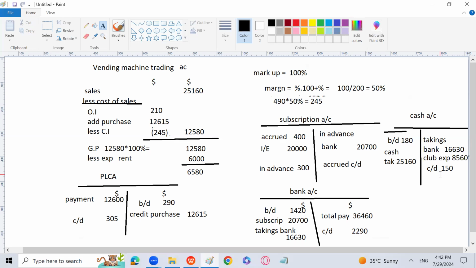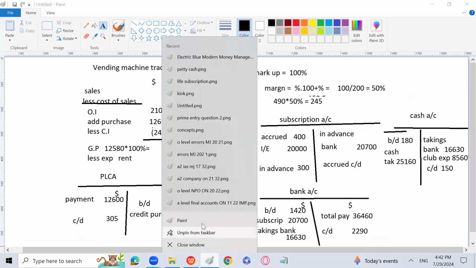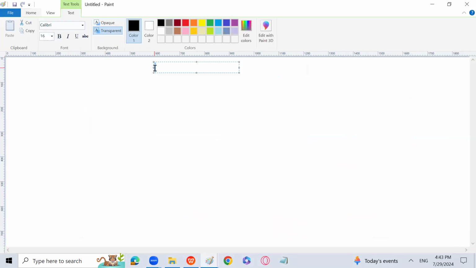If some expenses are paid in cash from cash sales, we have to prepare the cash account to find any missing figure. So we can have any missing expense and that can be used to solve the question.